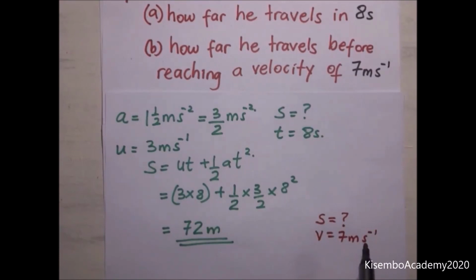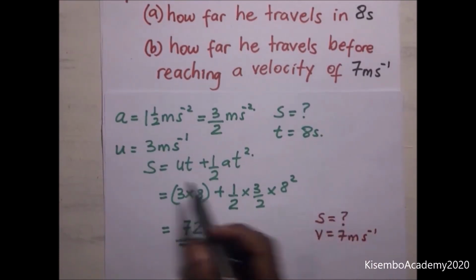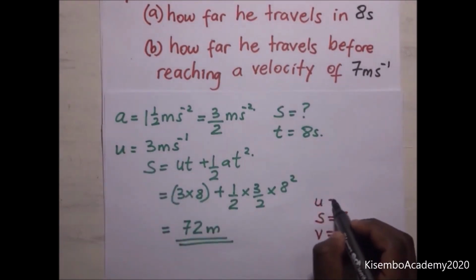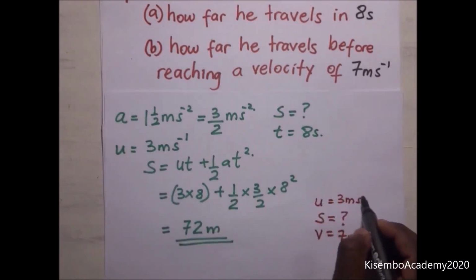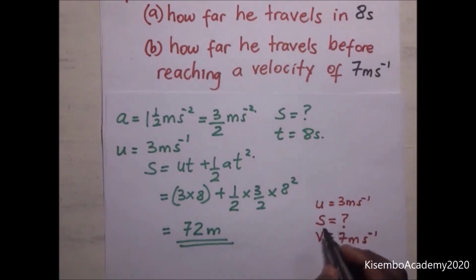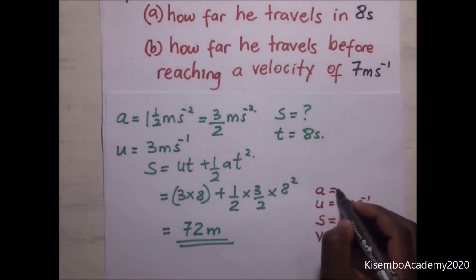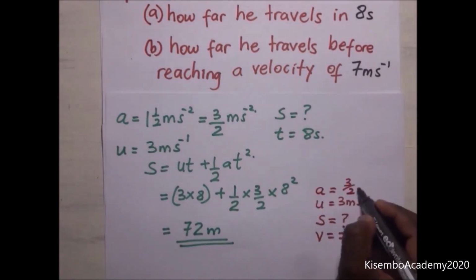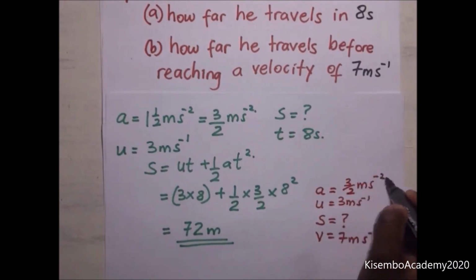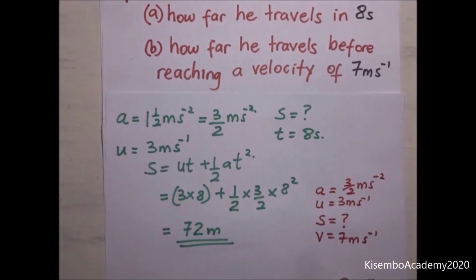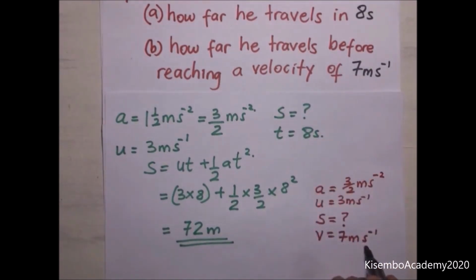Remember, all this still, his initial velocity, according to the question, is 3 meters per second. So his initial velocity will still be 3 meters per second. And of course, he'll still be accelerating at the same level of 3 over 2 meters per second squared. That is according to the question. Now, of course, he won't take the same time to reach this.